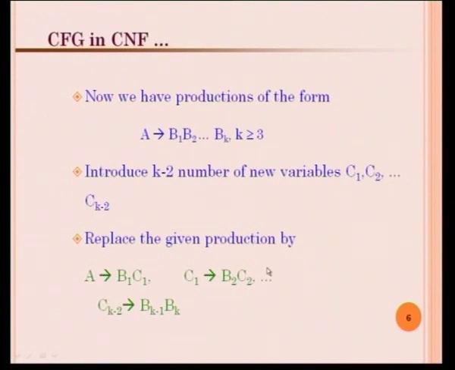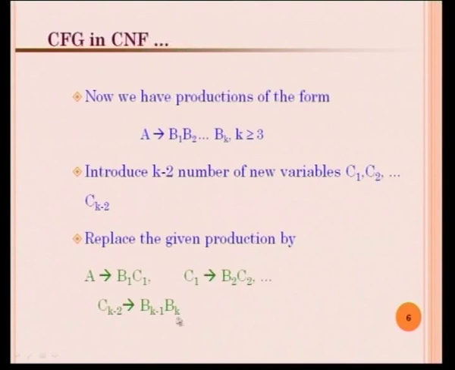But in general, first A derives B1 C1, then C1 derives B2 C2, then C2 derives B3 C3, and so on, and the last production to be included is C(k minus 2) derives B(k minus 1) followed by Bk. These are the last two variables available in the grammar.